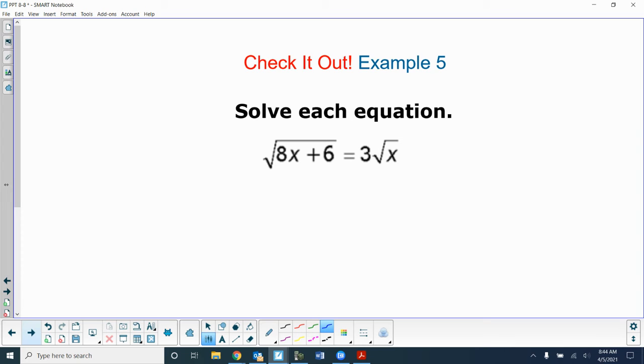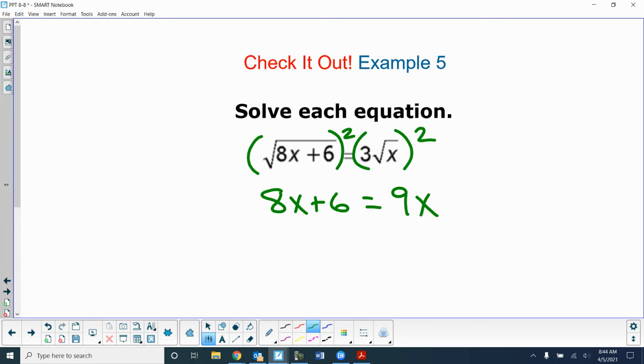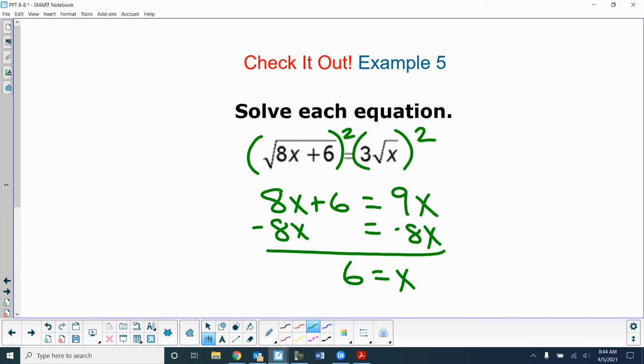So here we're going to do what to both sides? Square. So we just get 8x plus 6 on the left, and what on the right? 9x, right? So we just subtract the 8x, and this is real easy. We get 6 equals x, right?